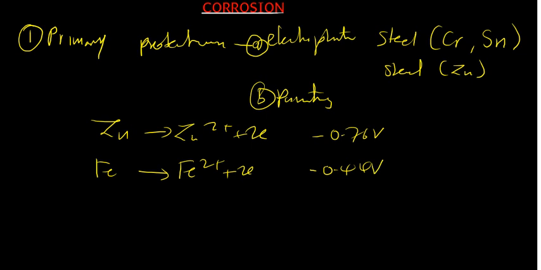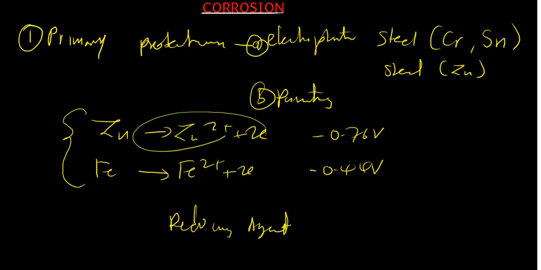Now if we look at these two, a question is, which one is a stronger reducing agent? A reducing agent is an agent which reduces others while itself gets oxidized. In other words, which of these two can be easily oxidized? To consider which one is more easily oxidized, you look at the cell potential.